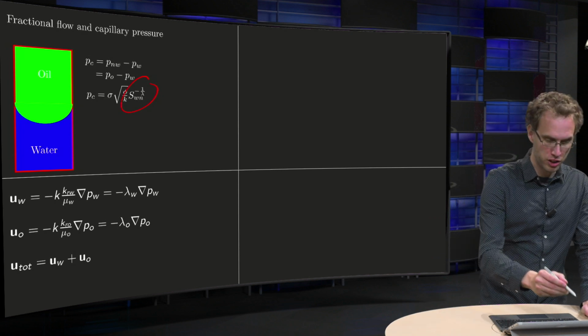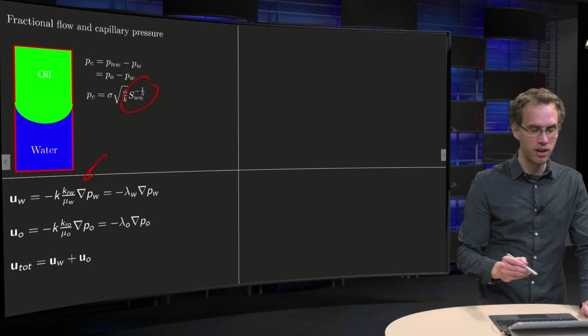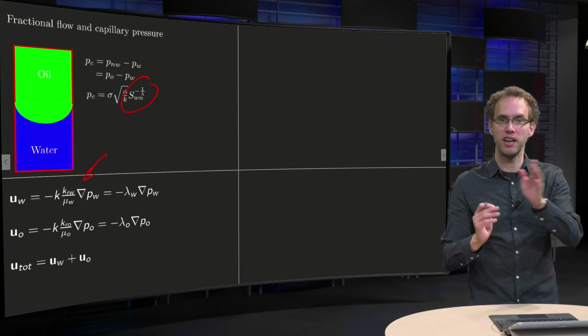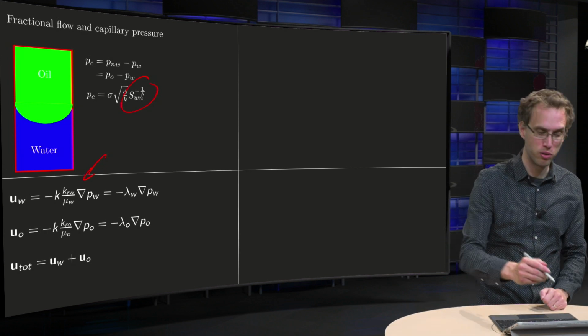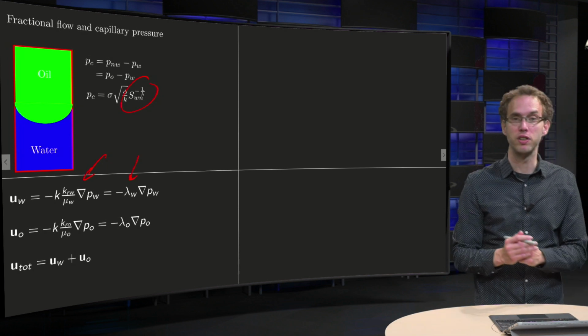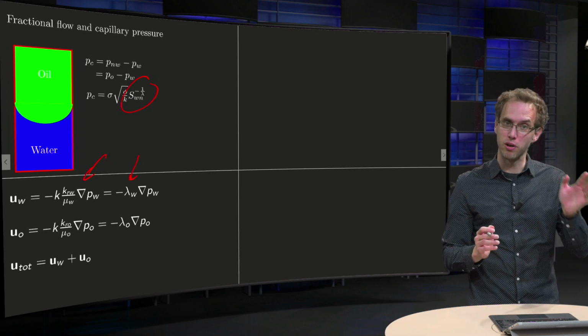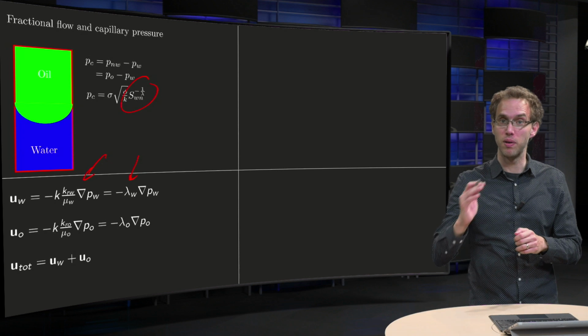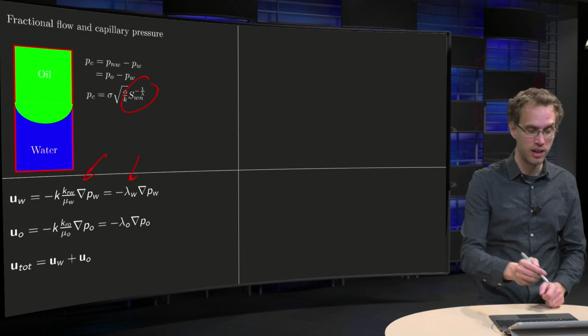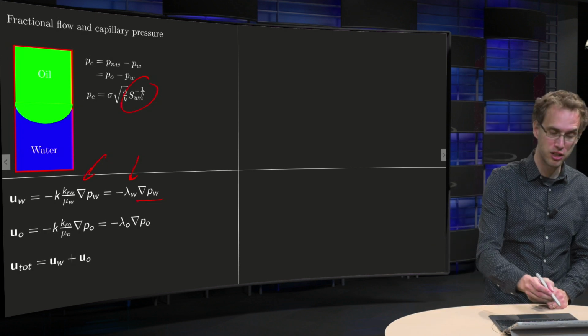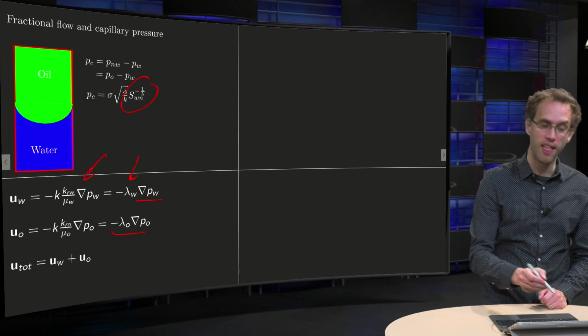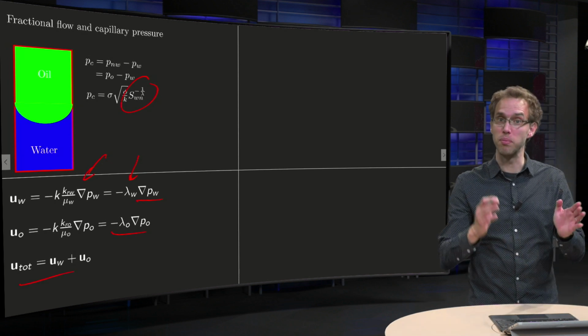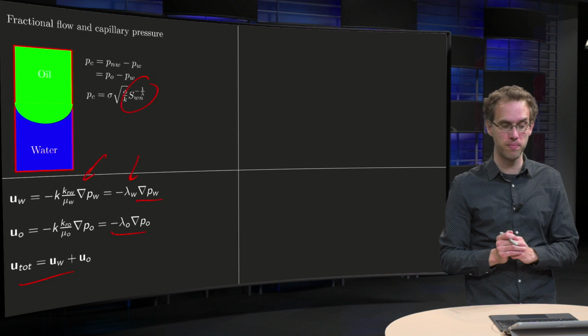We know Darcy's law for water, and just combine k, krw and mu W into one constant, lambda W, which is often called the mobility. So your volumetric water velocity equals minus lambda W times gradient of water pressure, and similarly for the oil. And again, your total velocity is the sum of the two volumetric velocities.